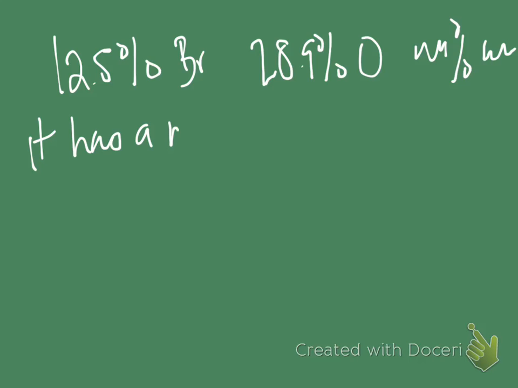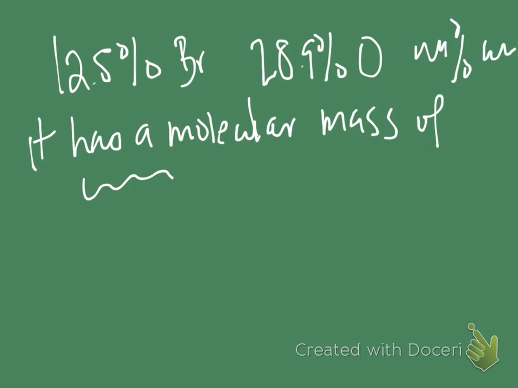It has a molecular mass. I'm not actually really giving you a problem, so you might as well not write this down. A molecular mass of some number. What's its molecular formula?